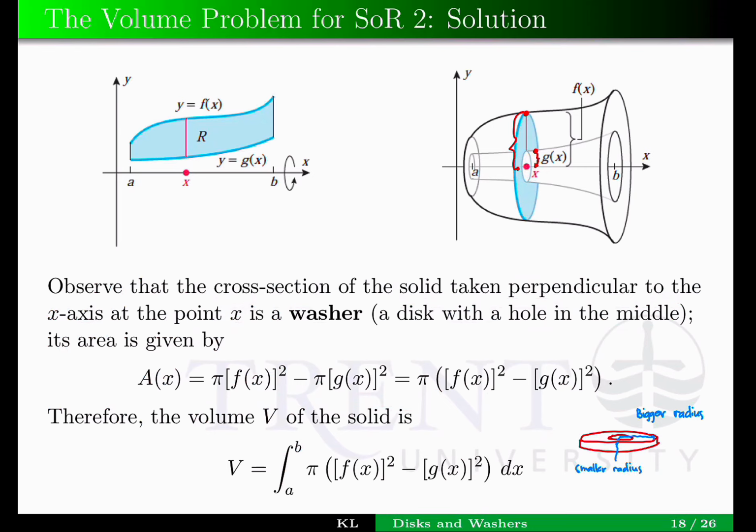And you will be able to identify that once you have your region and the axis of revolution. Take note that the radius is from your function going to the axis of revolution. There will be times when your axis of revolution is not actually your x-axis or your y-axis. So it is better to name these radii as the bigger radius and the smaller radius.